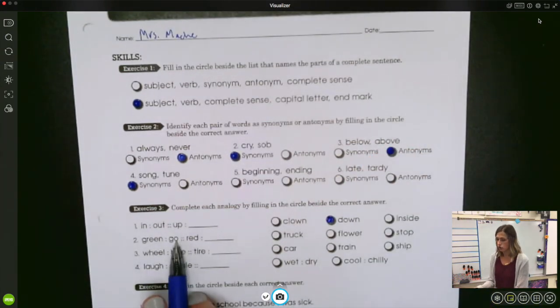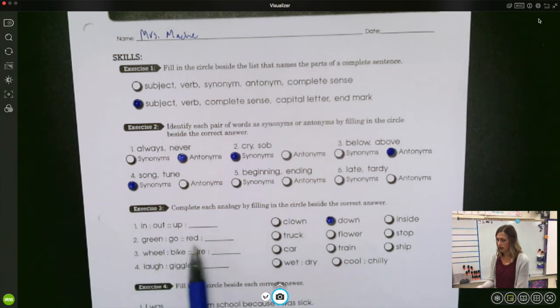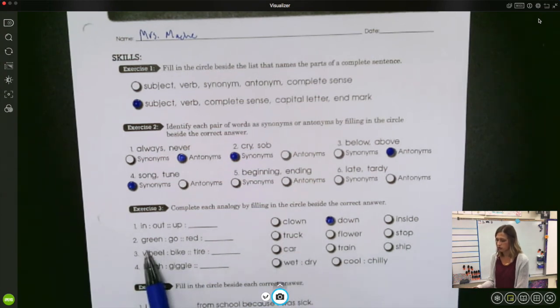Green is to go, as red is to, if green means go, red means what? Truck, flower, or stop? Green is to go as red is to truck, green is to go as red is to flower, or green is to go as red is to stop. Go ahead, fill in the bubble there.